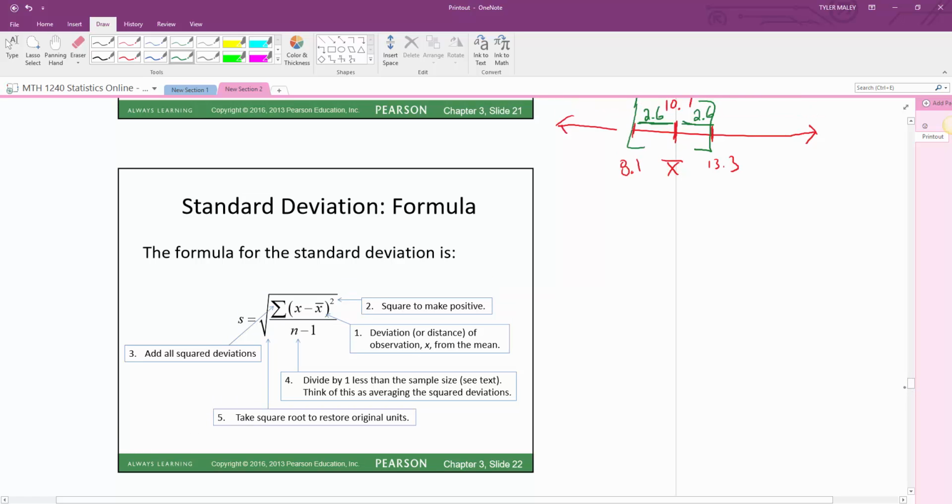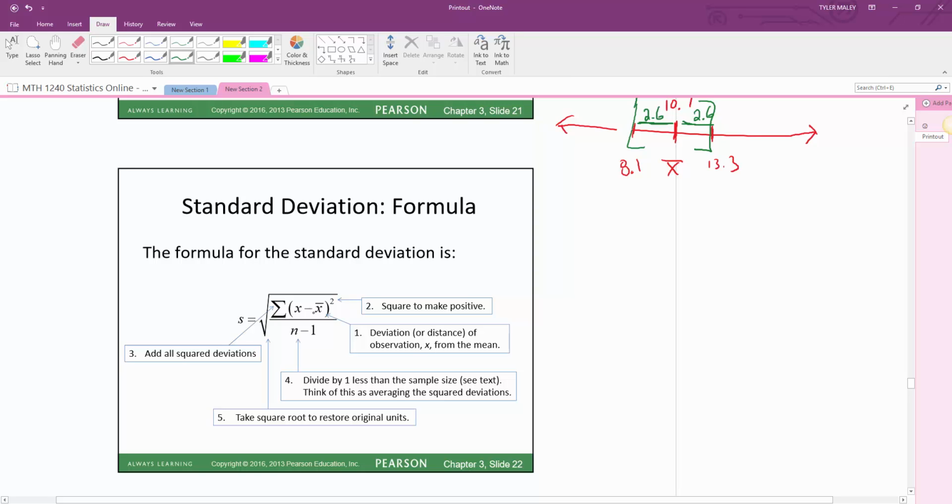Then the next slide gives us the formula for the standard deviation, and I'm going to walk through some examples with that. So this x minus x bar: we're taking every x and subtracting the mean. This tells us the deviation, or the distance, of our particular observation from the mean.